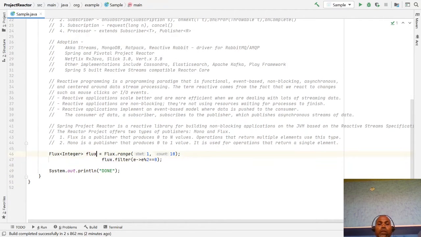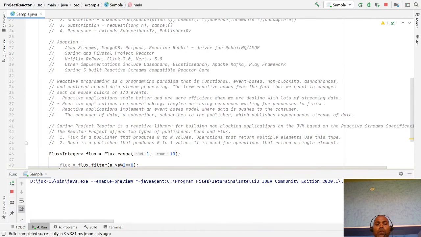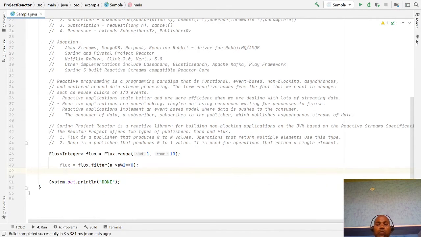So you can perform filter, and if you run again, it is not doing anything else. So this is one operator.